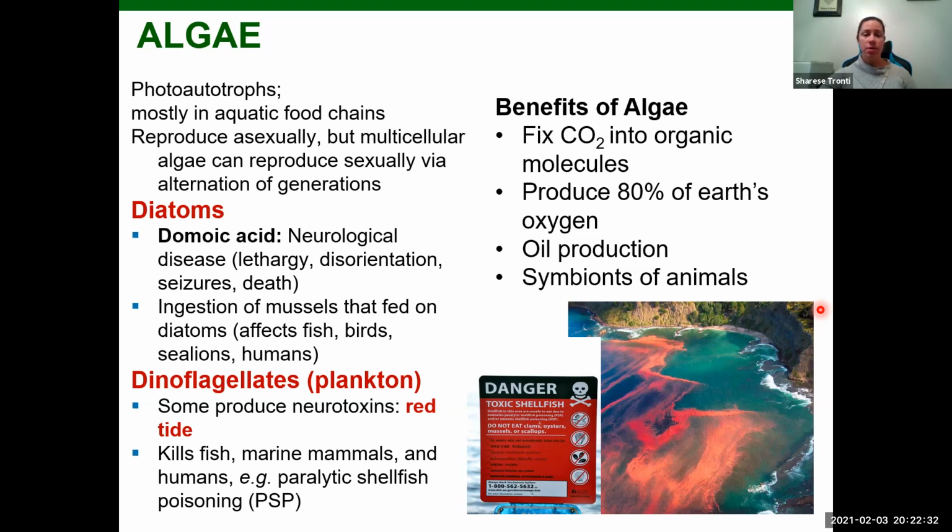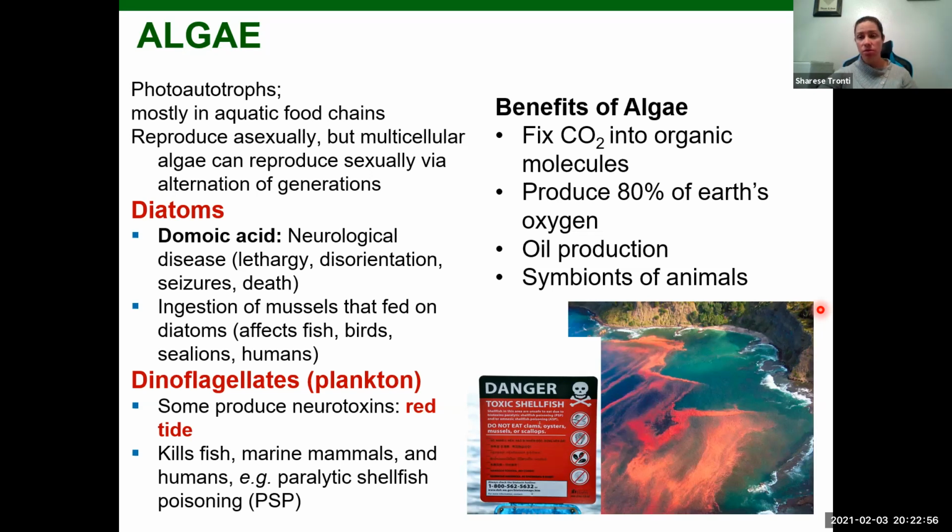Okay, so the first example is diatoms. Diatoms produce domoic acid. This is a neurological toxin, so it's going to cause lethargy, disorientation, seizures, and death. The way infection occurs is through ingestion of mussels that have fed on those toxic diatoms. So if a mussel has fed on those diatoms, then it's going to have the toxins inside of it.